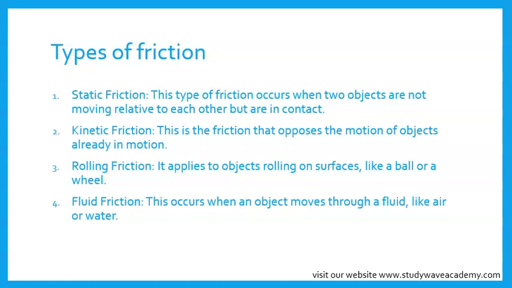This is the type of friction that prevents an object from moving when you try to push it or pull it. It's the force that keeps a book from sliding on a table until you push it. So static friction happens when things are not moving, like a book on a table.